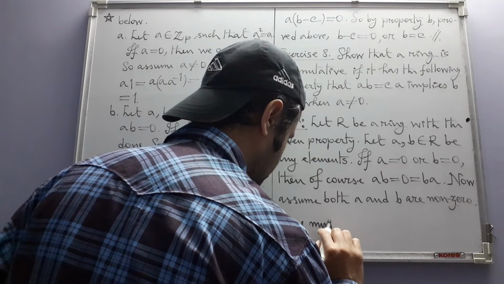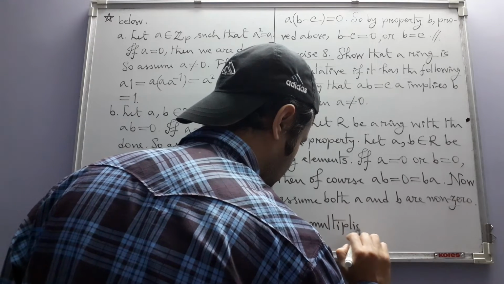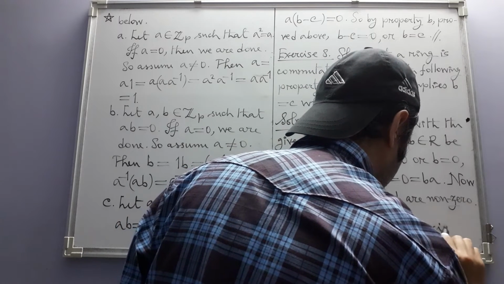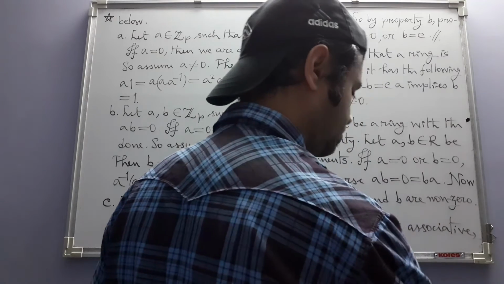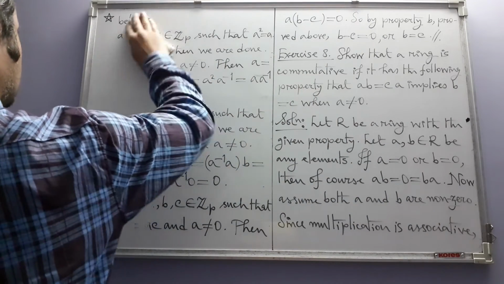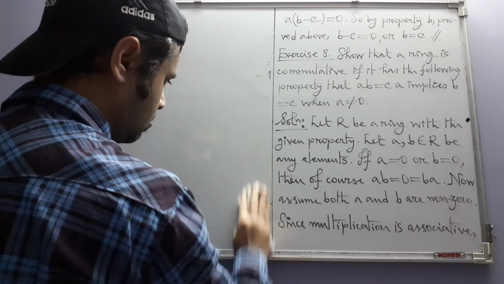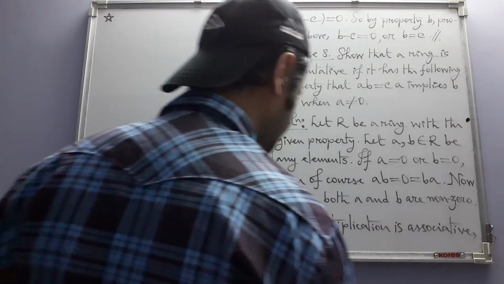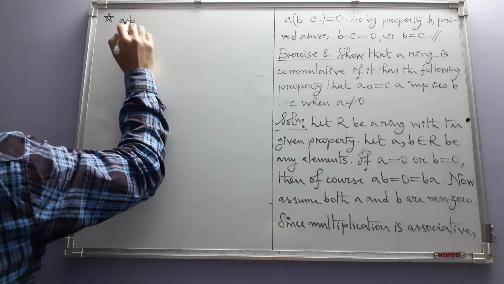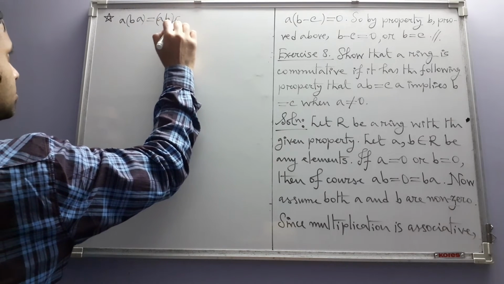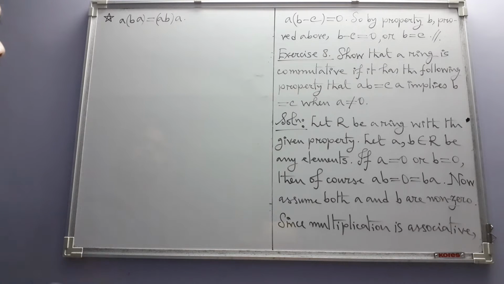Since multiplication is associative, A times BA is equal to AB times A. Okay, now look at this equation.